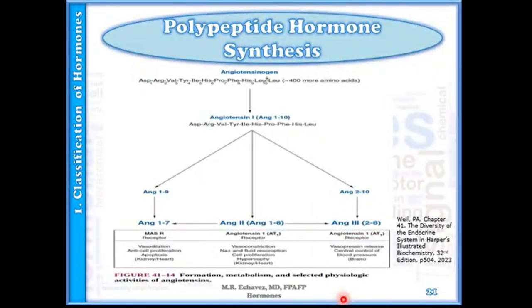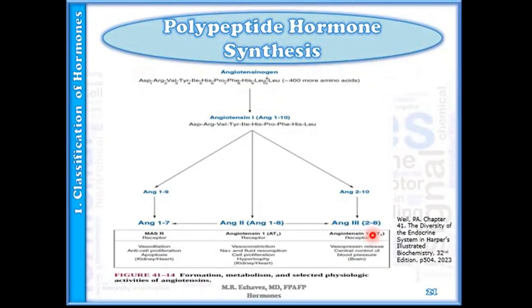In humans, the plasma level of angiotensin 2 is 4 times greater than that of angiotensin 3, so most effects are exerted by the octapeptide. Angiotensins 2 and 3 are rapidly inactivated by angiotensinases.